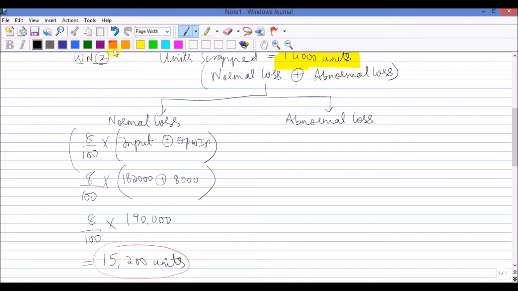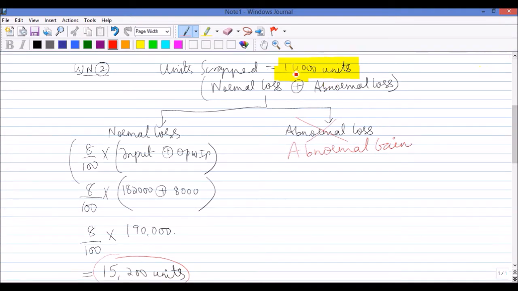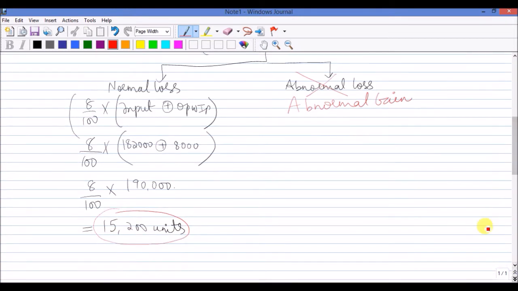This time we are having an abnormal gain, and try to understand it. They have given that the units actually scrapped are 14,000. As per our calculation, the normal loss is 15,200.